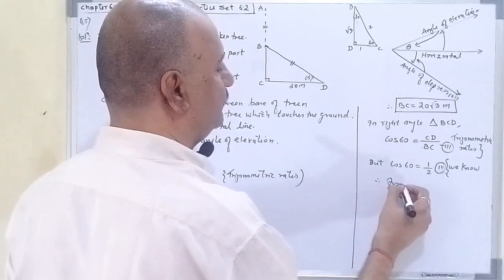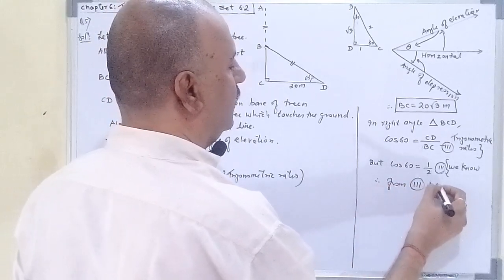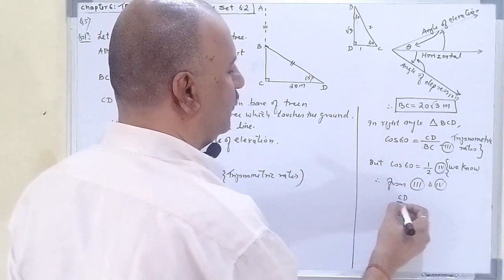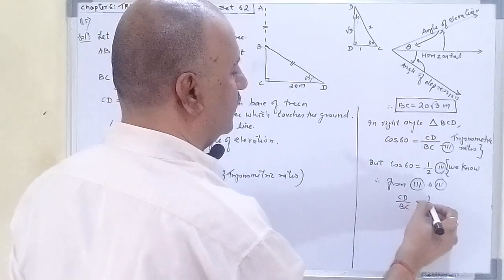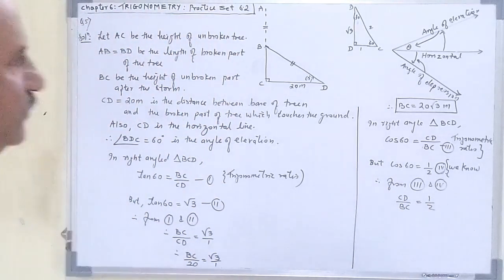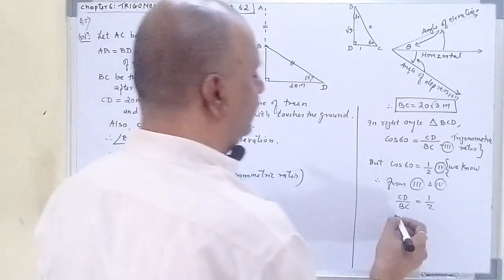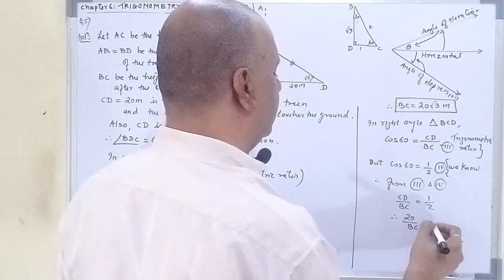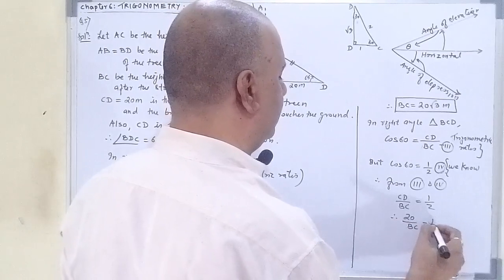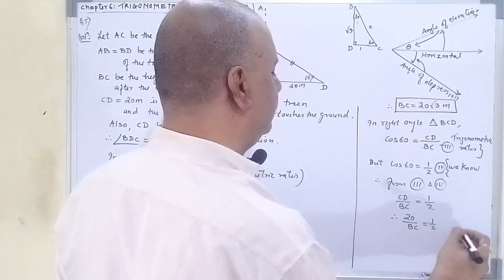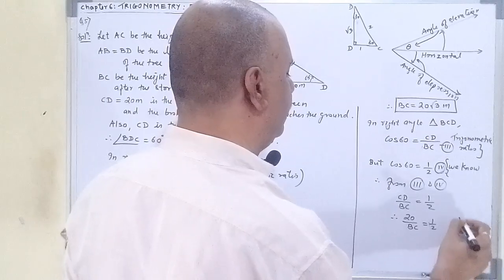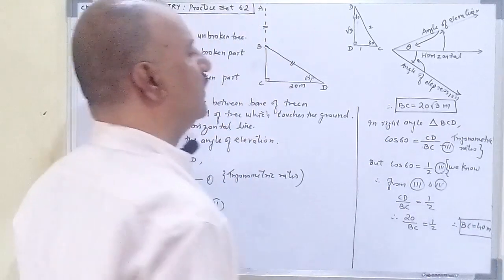Therefore, from 3 and 4, CD upon BC is 1 upon 2. CD is 20. So 20 upon BC is 1 upon 2. Therefore, BC is 40 meters.